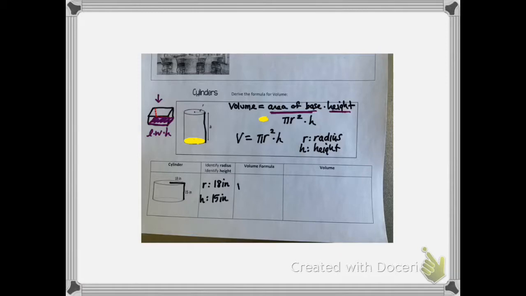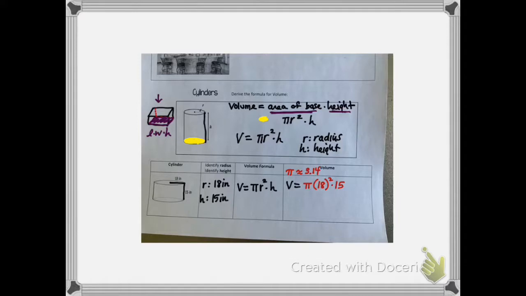The formula for volume is the area of the base, which is a circle, so pi r squared times the height. So volume is equal to, just plugging in from the picture, pi times 18 squared, times the height, which is 15. And again, for pi, we're going to use approximately 3.14.